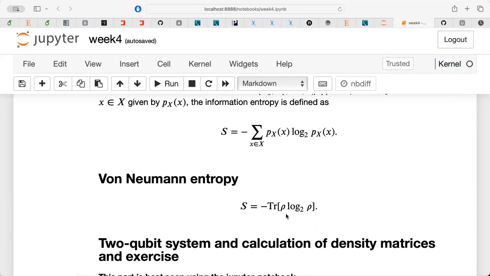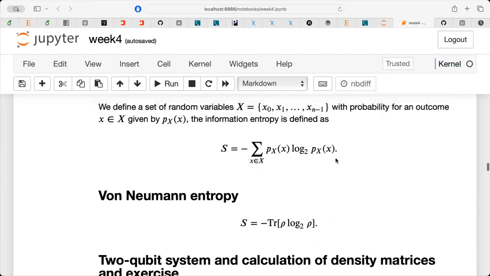So this entropy, just to remind you quickly of what we said last week, the entropy is a measure of the impossibilities or the possibilities of being in a specific state.